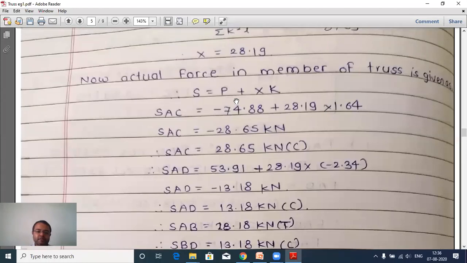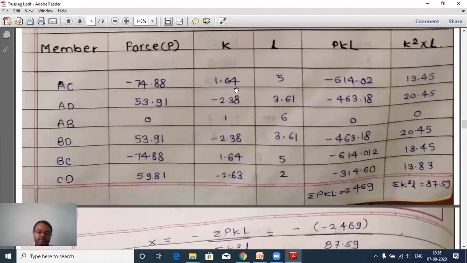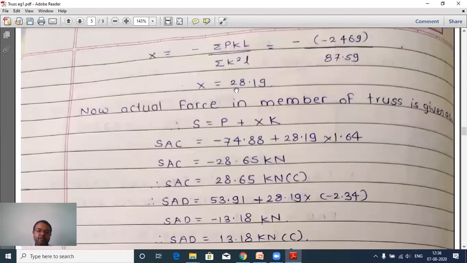So just consider this table. For P force we are getting minus 74 and K is 1.64. So use this formula, F equals P plus XK. Write P along with its sign, plus the X you have got, multiplied by K. Whatever you get, that is 28.65.